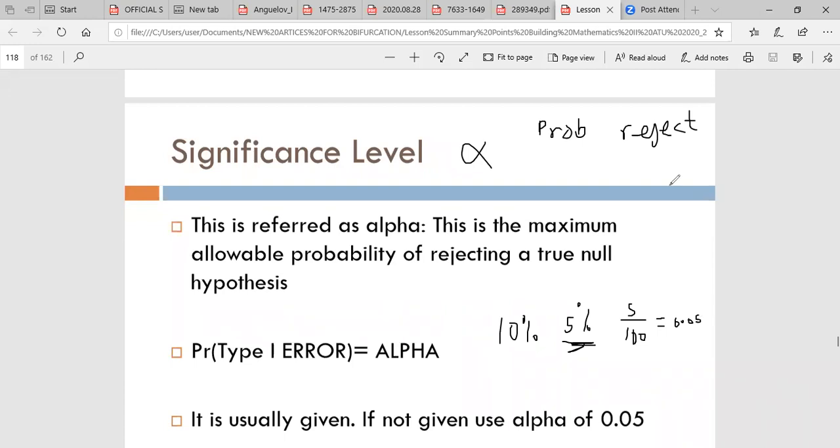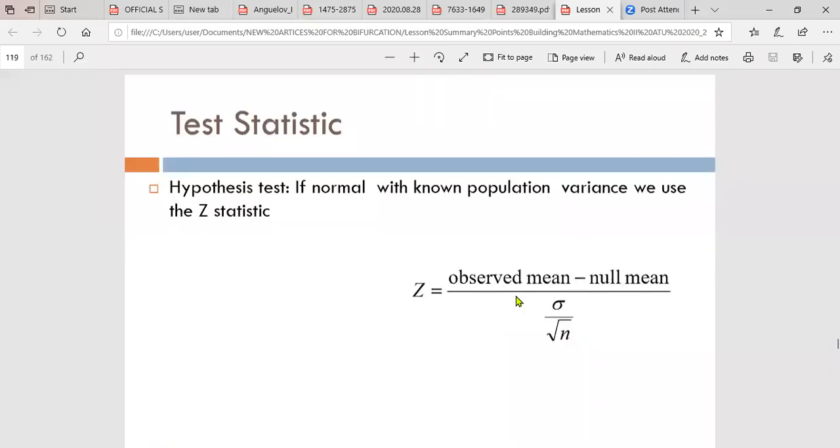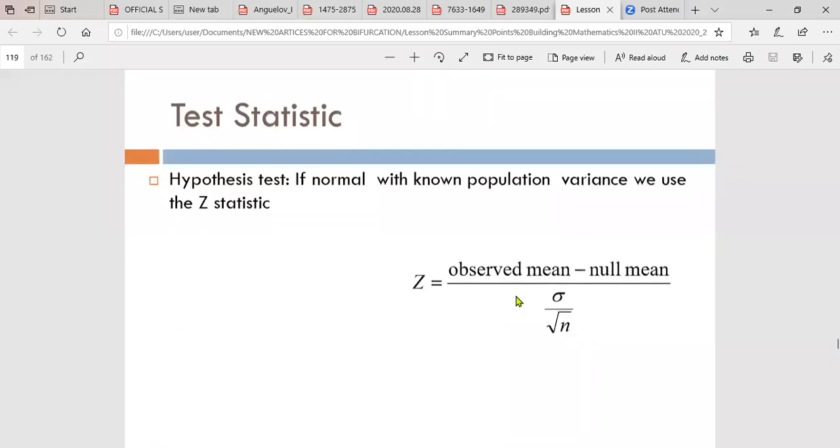So let's move on. Now, the next thing is deciding on our test statistic. There are different types of test statistics for various types of claims. If the claim is about the population mean, then we can have either the Z statistic or the T statistic.